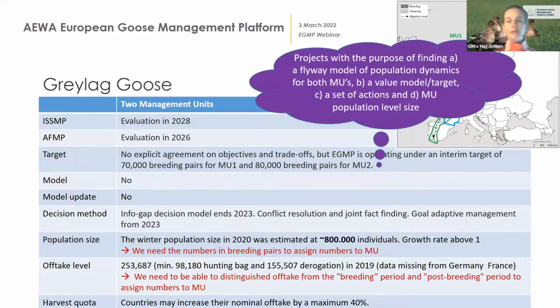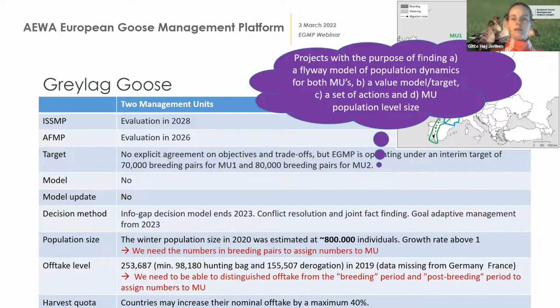Something is really happening here with the grey-leg geese because we have several funded projects in the making. One of the projects has the purpose of finding a flyway model for the population for both units, as well as a value model, like that could be one similar to the pink-footed goose or a utility function.